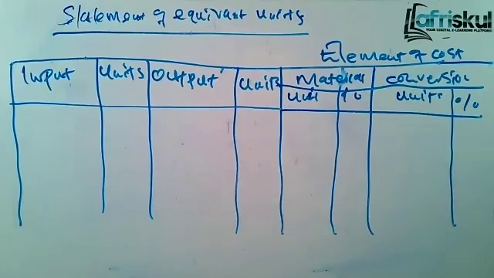So that is how the statement of equivalent units appears. We said it's very easy to come up with this statement. Here you write the input items, the ones that we're inputting.